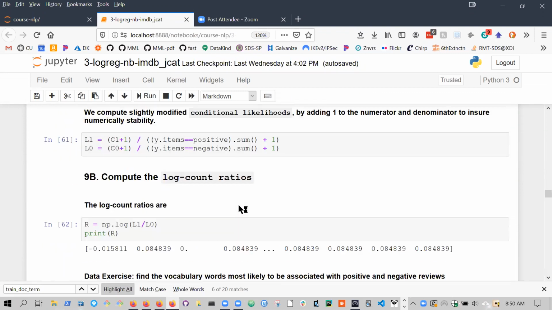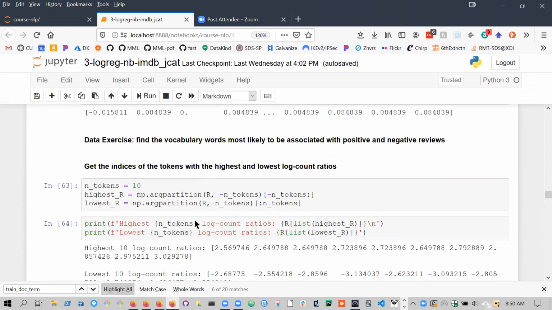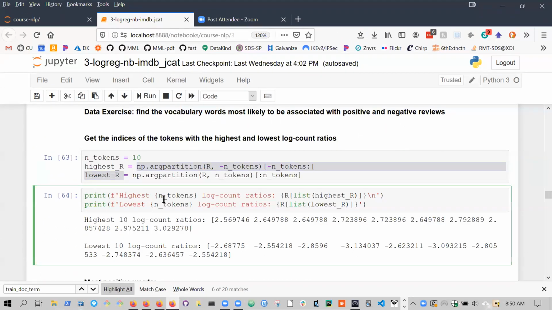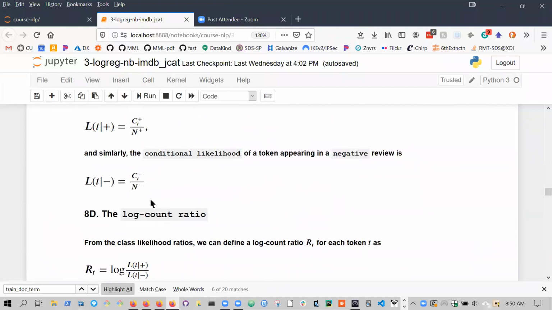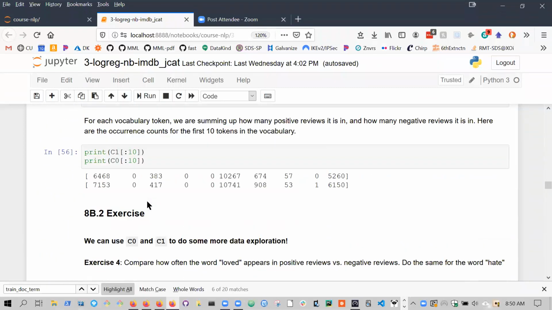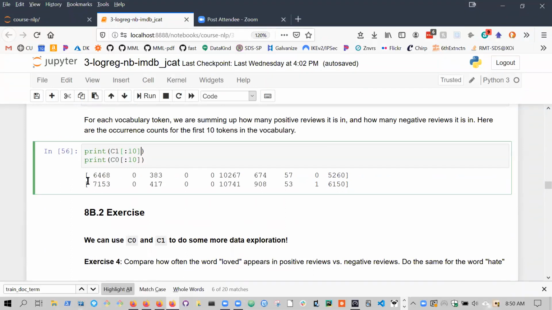But I did look along the way. If I don't execute anything, if I just look at the things that were already executed, then we can see what was really happening. So let me go back here to where we were. We were looking at the counts. So this is the count vectors, and I'm looking at the first 10 of them, and it just gives me the counts: how many times this token was used in all the positive reviews, and how many times this token was used in all the negative reviews.